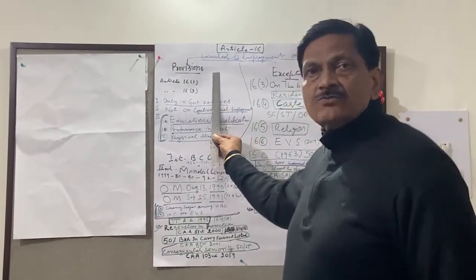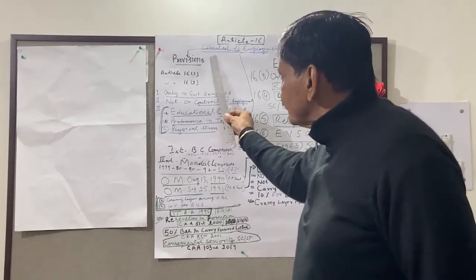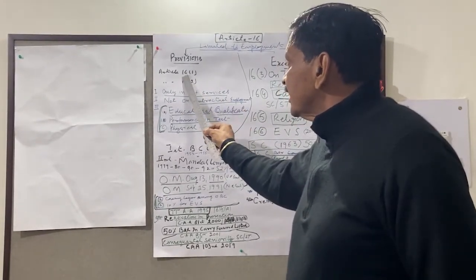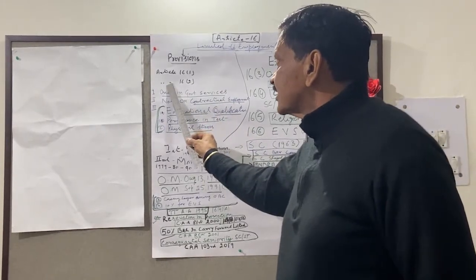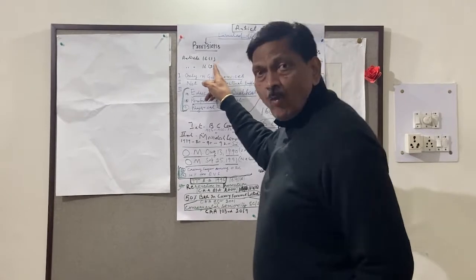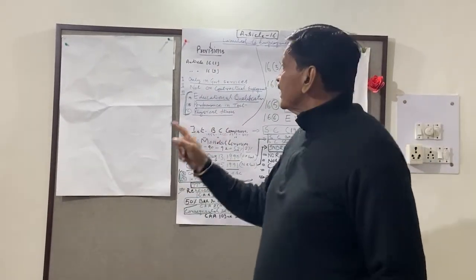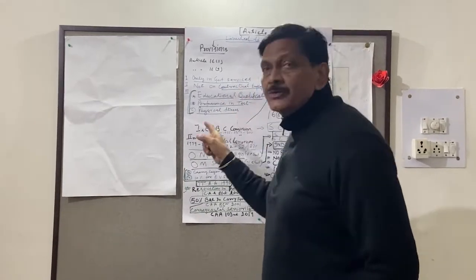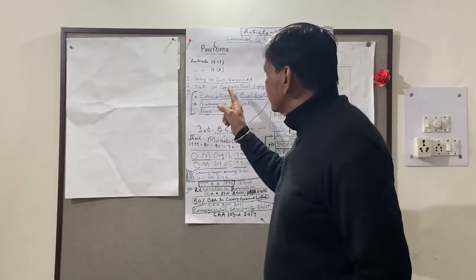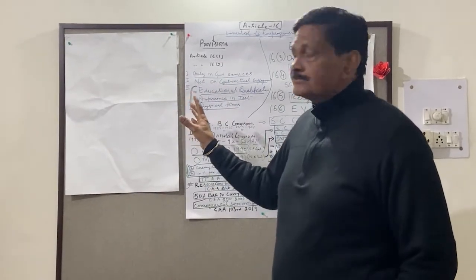Section 1 deals with the provisions of the article, in which we include Article 16 Provision 1 and Article 16 Provision 2. Article 16(1) clearly mentions that there shall be equality of opportunity in public appointments under all state governments.